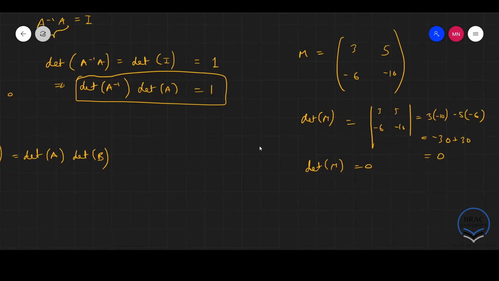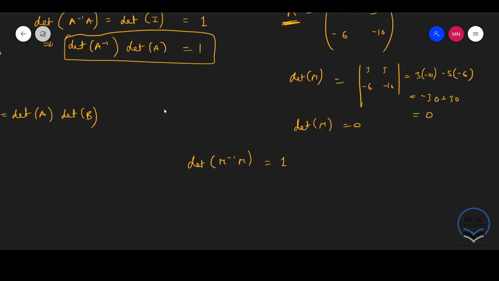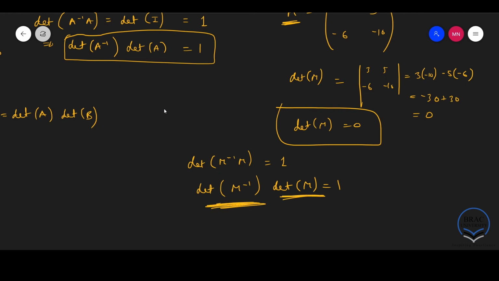Now if M were to have an inverse, if M was invertible, then the determinant of M inverse times M must be equal to 1, or we can say that the determinant of M inverse times the determinant of M is equal to 1. But as we can see, the determinant of M is equal to 0. If this is 0, this cannot be defined.